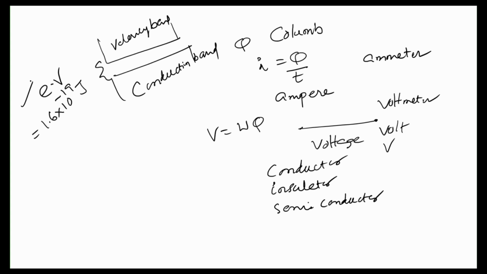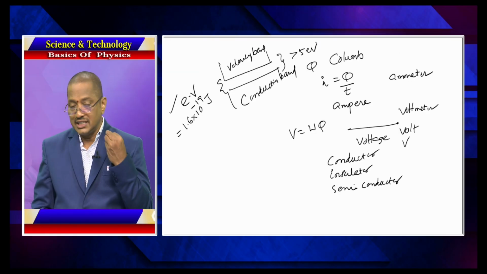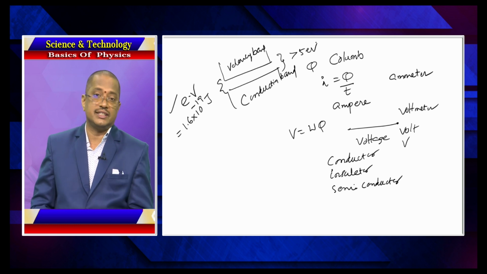Clear? And the energy gap, sometimes we call it the forbidden gap also. If the energy gap between the valence band and the conduction band is more than 5 electron volts, then in ordinary conditions, even in abnormal conditions, there is no possibility to drive the electrons from the valence band to the conduction band, meaning there is no flow of free electrons, so it does not allow the current and acts as an insulator.